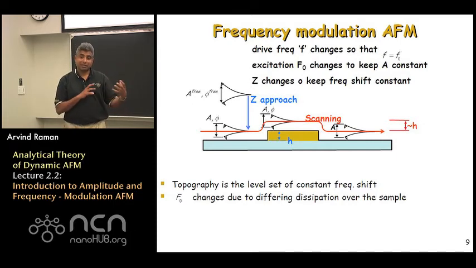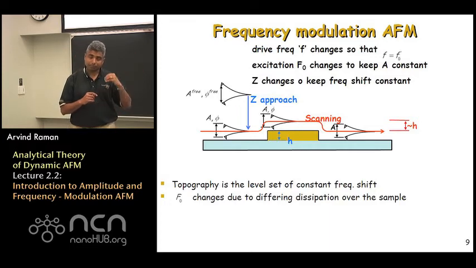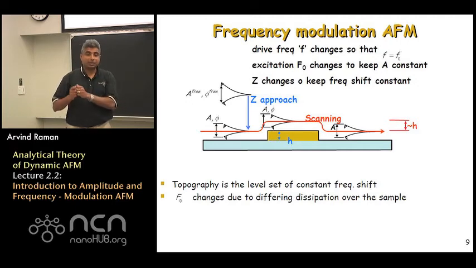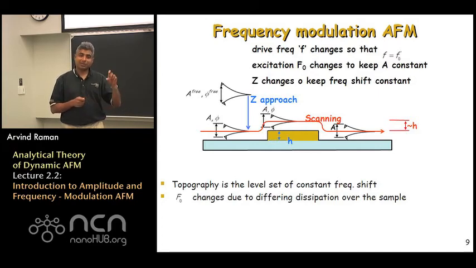And you can see the phase lock loop again appears in the flow chart here. The output of the photodiode then spits out the amplitude and phase. The phase lock loop then changes the drive frequency, or excitation frequency, to keep the phase lag equal to 90 degrees. A second feedback loop that is embedded in FM-AFM is to change the excitation amplitude so as to keep the tip oscillation amplitude constant.